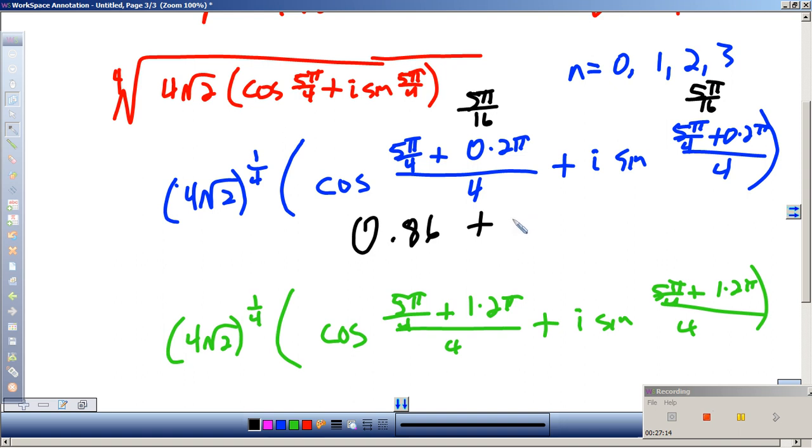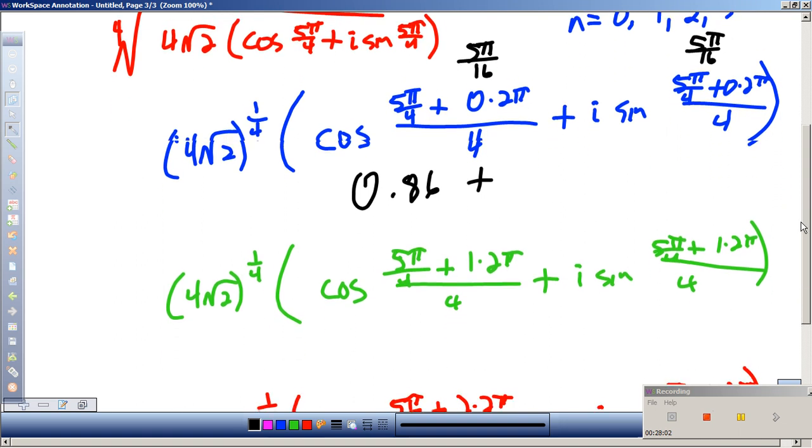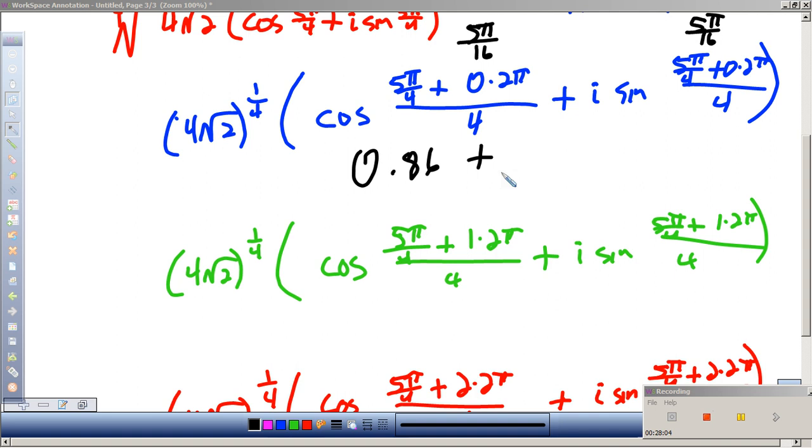So you did this 4 root 2 raised to 1/4 times sine of 5 pi over 16. Yeah, that sounds like the right neighborhood. Are you getting that? Are you doing it, Sydney? Are you in degree or radian mode? Right. So I believe it should be 1.28 i.